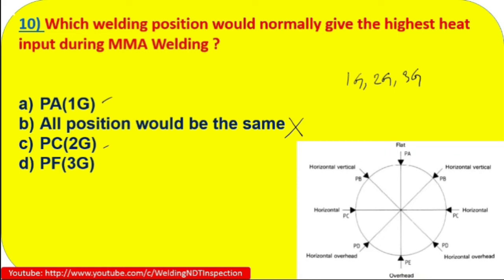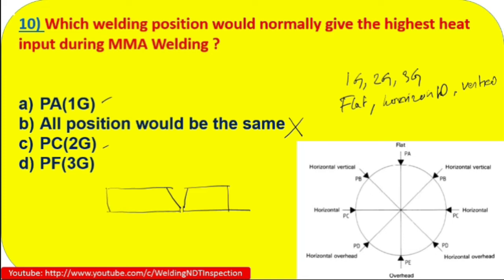Let's see here. 1G means this one, the flat. 2G means the horizontal. And 3G is the vertical. So you see flat here. Flat means this is your joint, and the welder is doing welding straight like this.